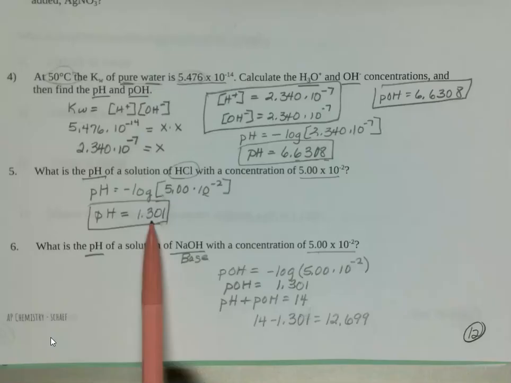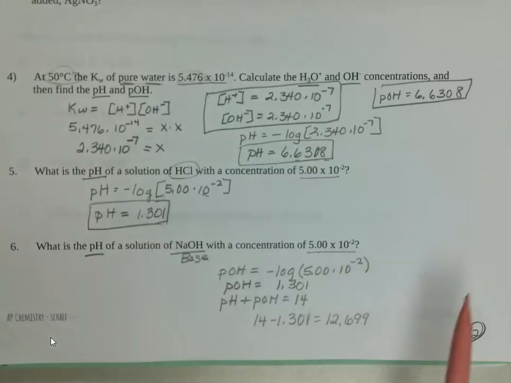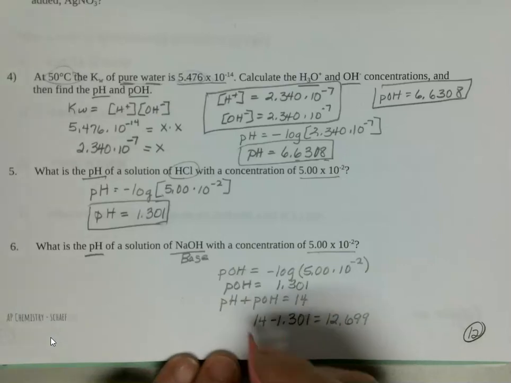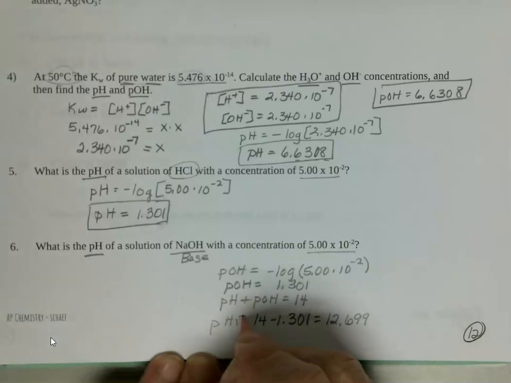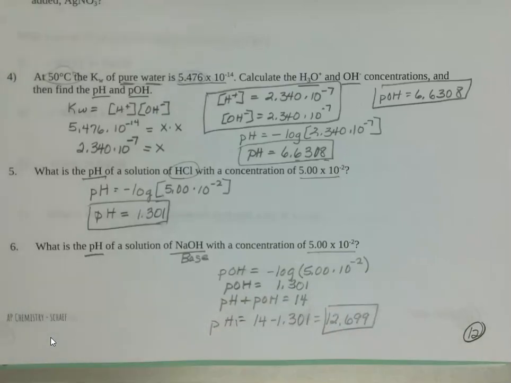I have 3 significant digits, so there's my 3 digits. I had to go back and fix it. You guys catch me. And so here it's 1.301, because again it's the same as what I just did up here, but this time it is the pOH, not the pH, and so I needed to do my subtraction, and therefore my pH is 12.699.